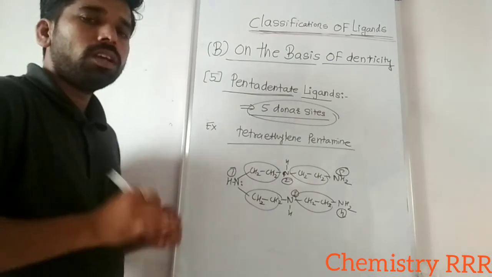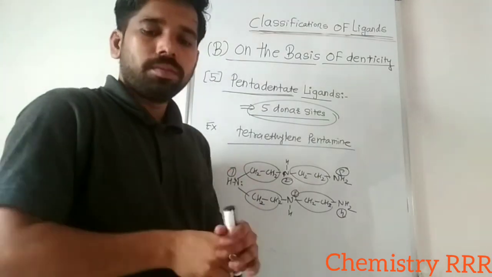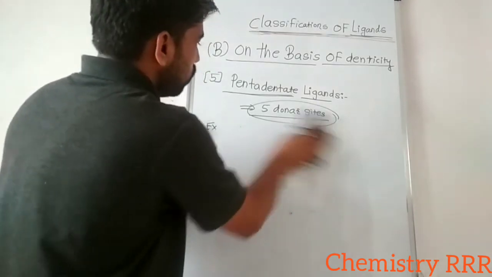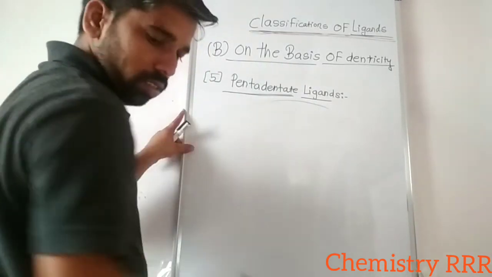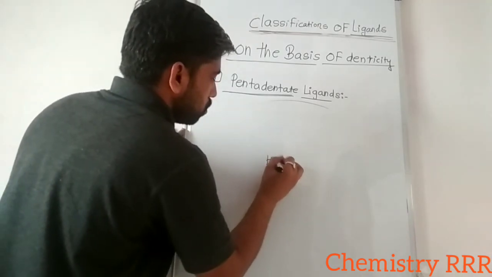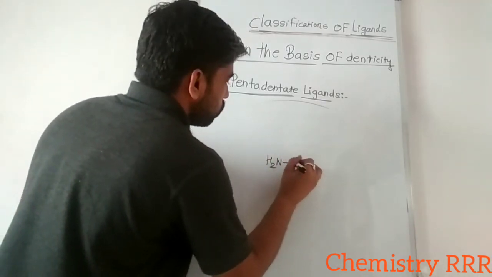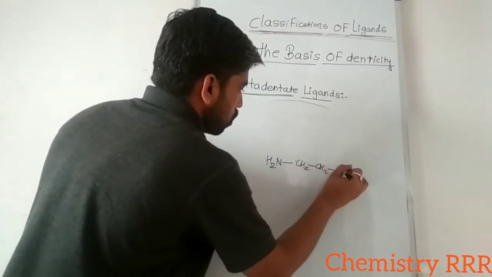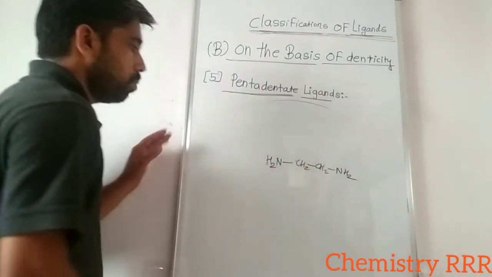Now let's see another example of this category. You know the structure of ethylene diamine, NH2, CH2, CH2, NH2.